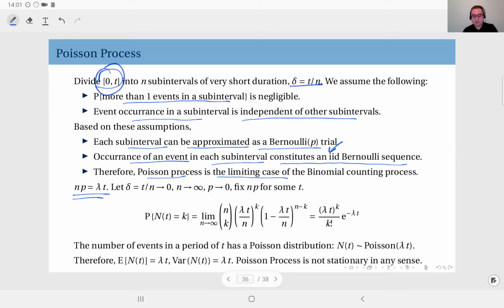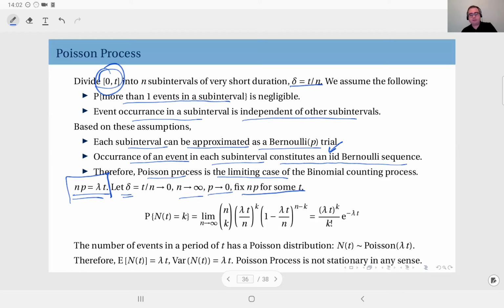In this case, again, we are going to take delta, which is equal to t over n, to 0, n to infinity, and obviously p to 0, but lambda times t is going to be fixed for a given t.